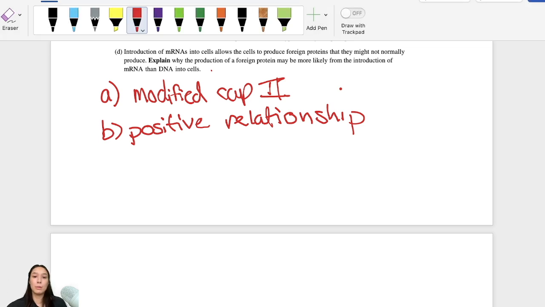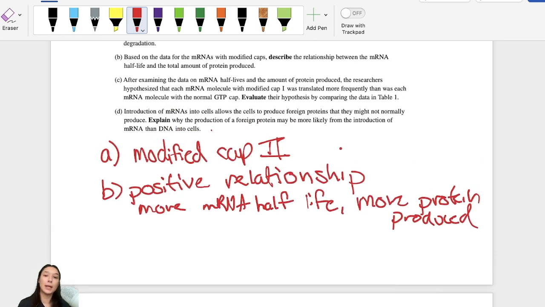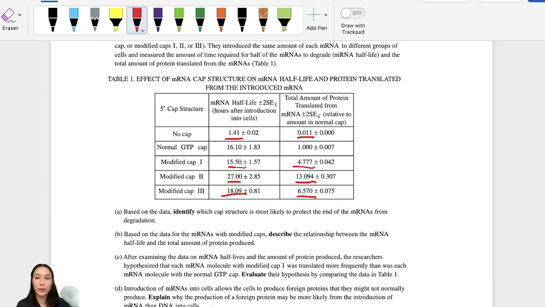Okay, I'll put that as well. More protein produced. Either one, they mean the same thing. Yeah, you didn't need to do a whole graph for this one. Obviously, the graph would have given you the answer, but for time's sake, if they don't make you draw a graph, then don't draw a graph.